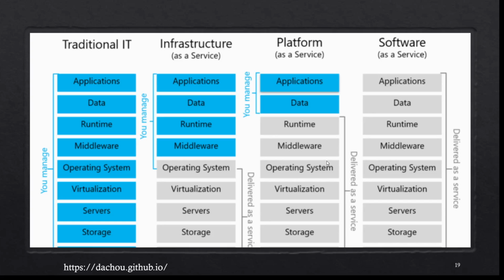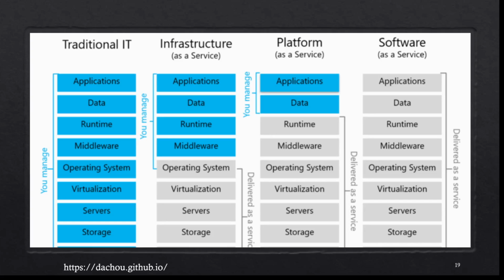This service model is good for developers who want to focus on building the application and not worry about the maintenance of the infrastructure. A good example of platform as a service is AWS Elastic Beanstalk. We are going to discuss in detail about Elastic Beanstalk later in the course.